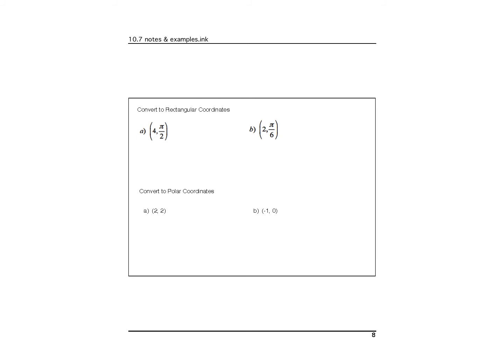So in these examples, we want to convert to rectangular coordinates if we're given 4 comma pi over 2. So that's r comma theta. If we want to do that, we're putting in our minds that x is r cos theta, y is r sine theta. So x would then be equal to 4 cosine at pi over 2.